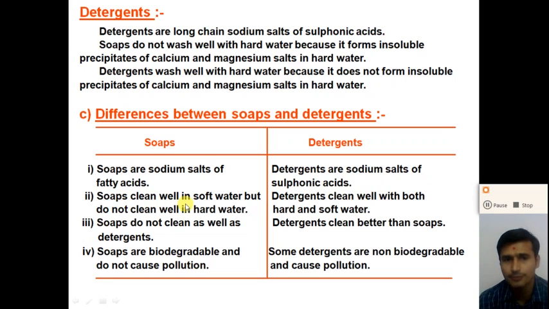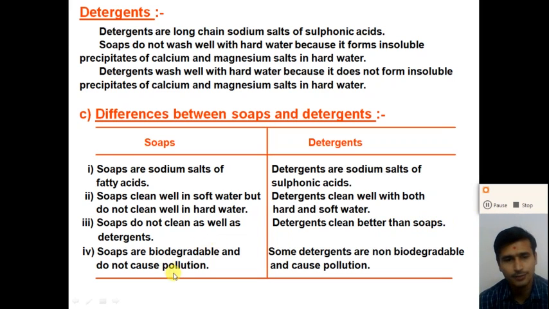Soap cleans well in soft water but does not clean well in hard water. Whereas detergent cleans well with both hard water and soft water, right? Understand? So the cleaning in detergent is better compared to soap. Soap does not clean as well as detergent. Detergent cleans better than soap.